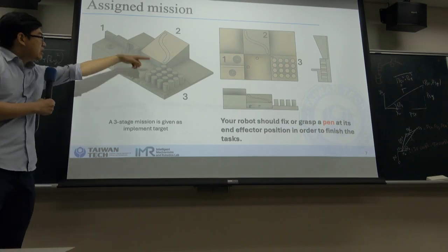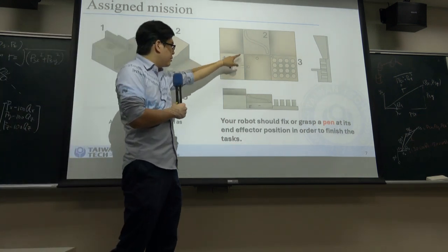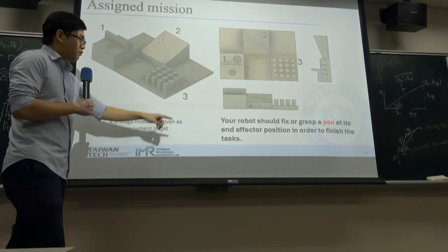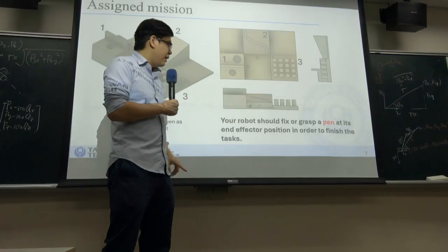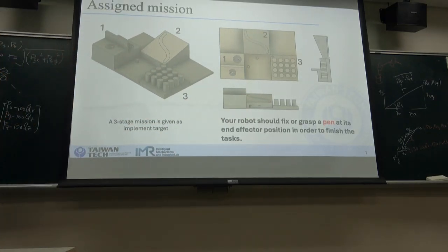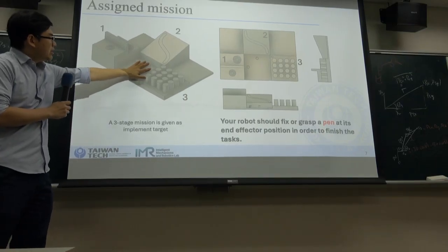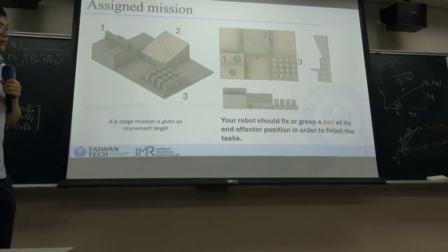We have 3 stages. The first stage has 2 circles. Your robot should be fixed or grab a pen at any vector position and finish the task. Here is the place you can place your robot.